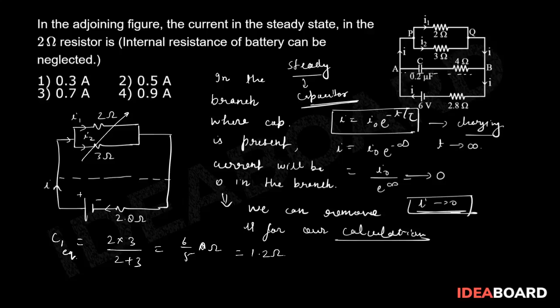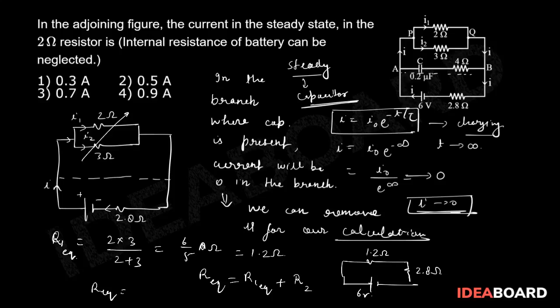Now the circuit diagram will be something like this: a resistance of 1.2 ohm, another resistance of 2.8 ohm, and a battery of 6 volts, right? So what is the R final? Let me correct it. This is R1 equivalent. So R equivalent will be R1 equivalent plus R2. If you solve this, R equivalent will be 1.2 plus 2.8, which is 4 ohms. Perfect. Now you get the net resistance of the circuit.